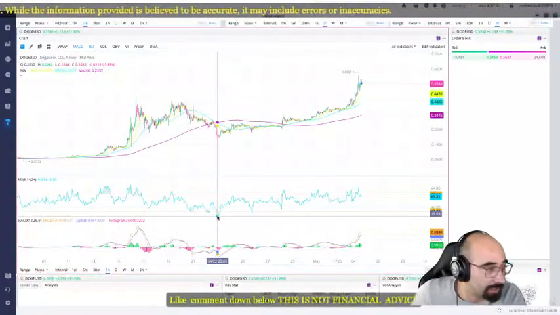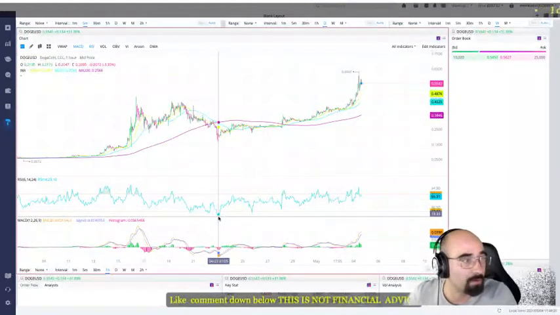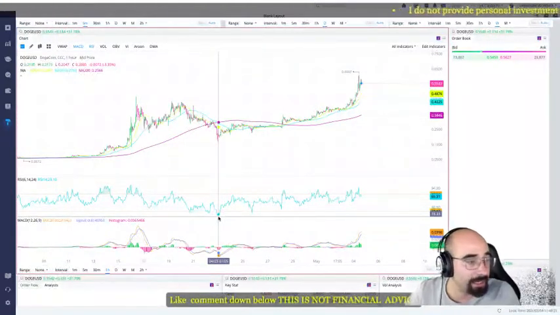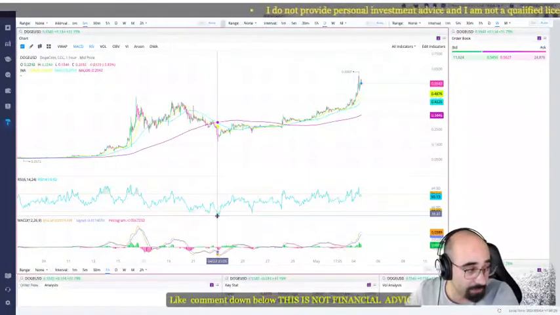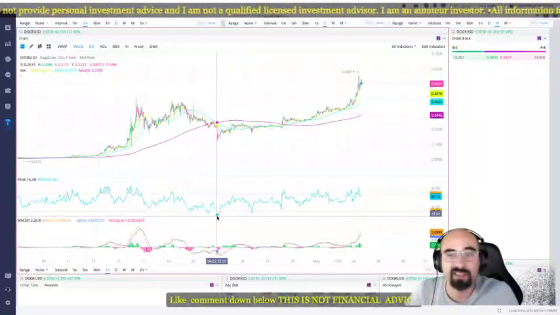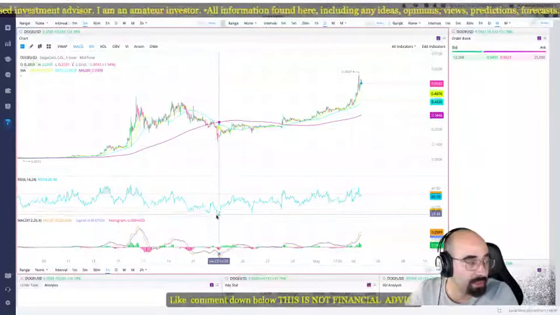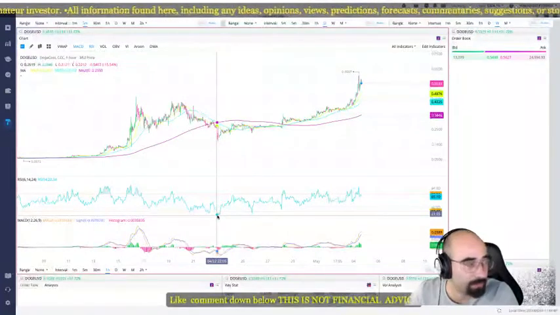It dropped down to, I believe, below 20. One of my main criteria when I'm entering an asset is that the RSI needs to drop below 20. I mean, 30 is all right, but once you get below 20, you're primed for takeoff again.